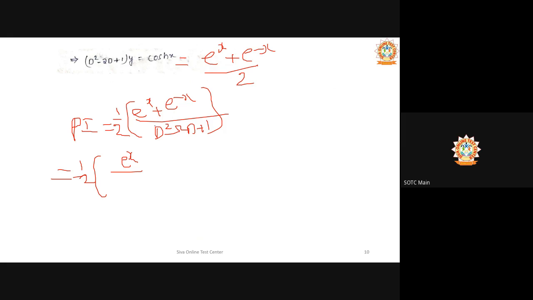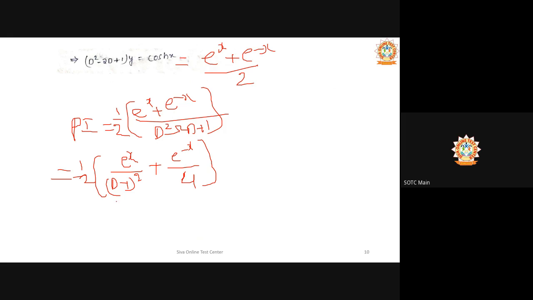Yes, sir. Right? So take the derivative, or you can write it as (D minus 1) whole square. (D minus 1) whole square, you can apply the formula, plus e power minus x divided by, if you substitute now in the place of D as minus 1, so now it will become what? 2. Yes, 2 or 4? Yes, 2 only. It is 1 4 నా, minus 1 whole square is plus 1, so it will become 4.